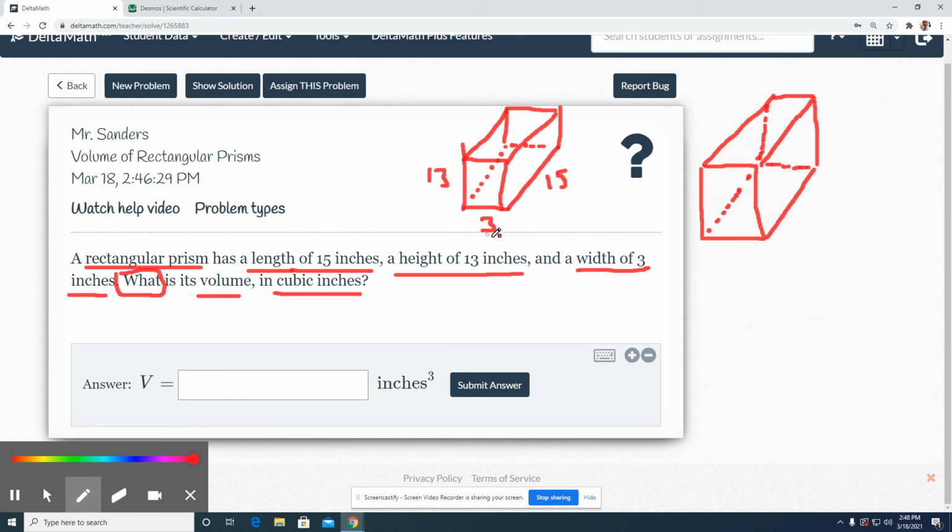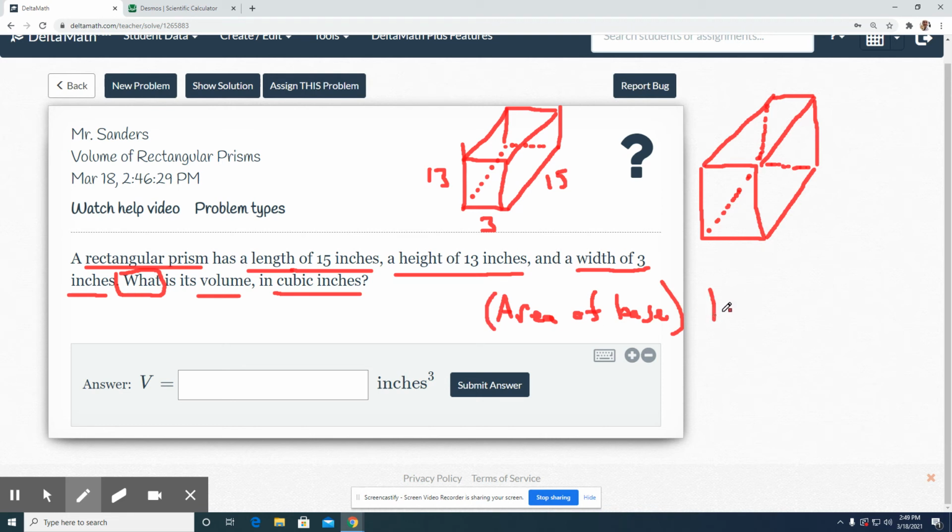Every little bit helps. All right, so the technique that we want to do with these rectangular prisms is, hopefully you recognize that all we're doing is we're multiplying all three of these numbers together, but I'd really like for you to get in the habit of looking at it as an area of the base times the height.